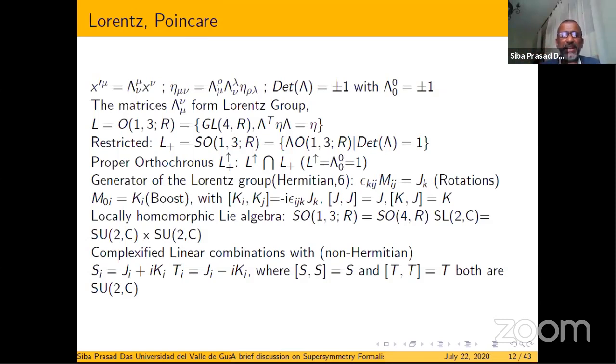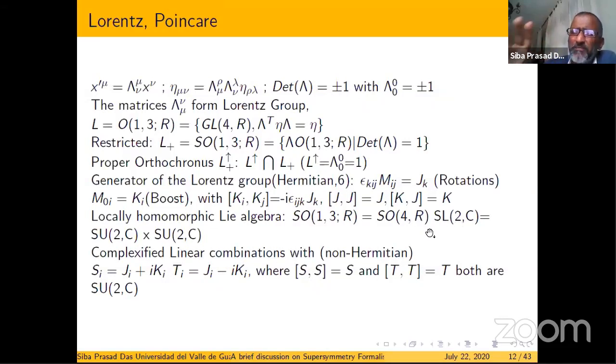You can connect the locally homomorphic Lie algebra of the SO(1,3) R. They basically correspond to SO(4) R, which is a special orthogonal real group. And there is an SL(2,C). I really don't know much, but probably you people feel what I mean. So SL(2,C), I will come back, which is like a Lorentz transformation.